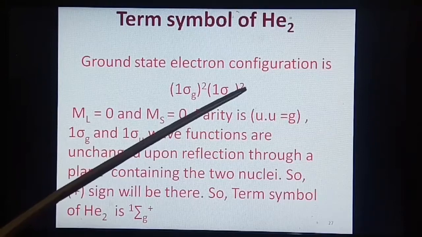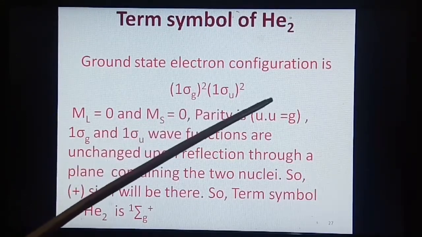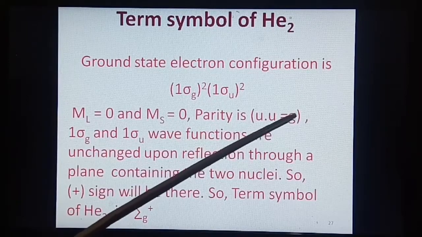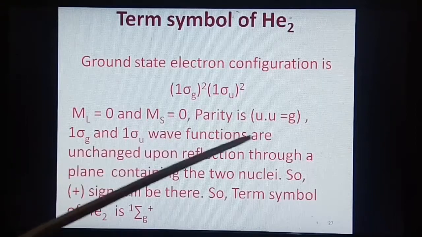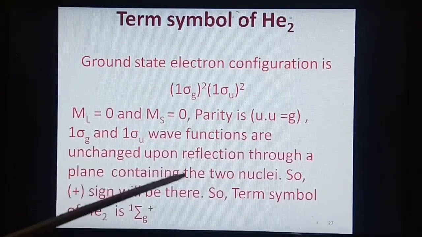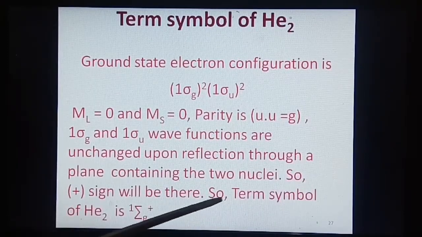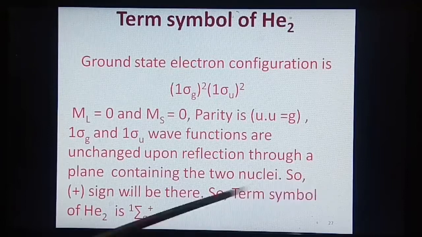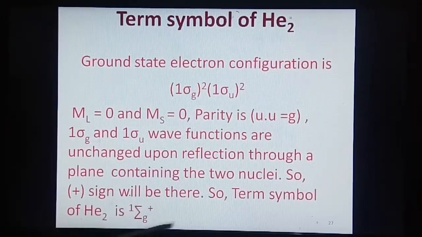The sigma 1g and sigma 1u wave functions are unchanged upon reflection through a plane containing the two nuclei, so the plus sign will be there. So the term symbol of He2 is 1Σg+.